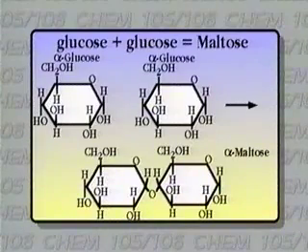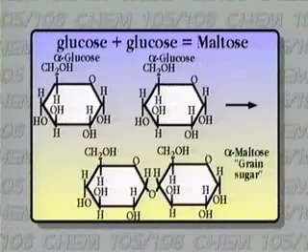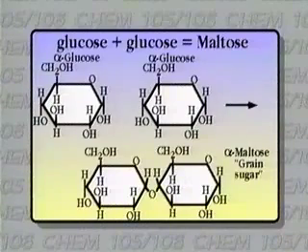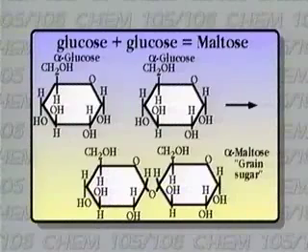So this is malt sugar, or sometimes referred to as grain sugar, because it's obtained when we germinate the barley, and then we take the germinated seed and dry it. We will have this malt sugar.